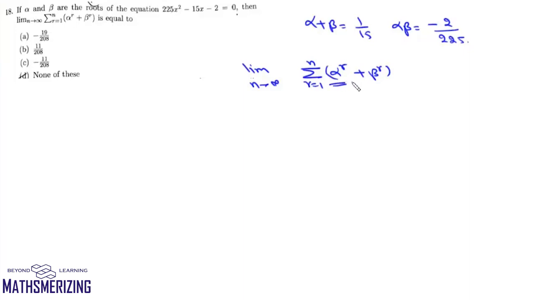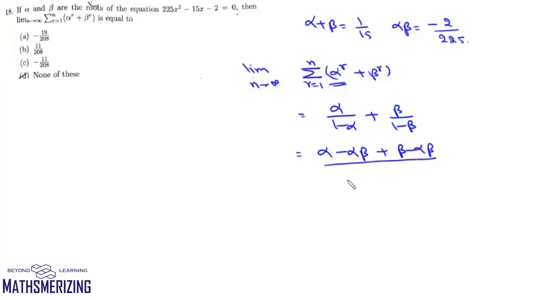Now this summation of alpha to the power r is nothing but an infinite GP. So its sum will be a upon 1 minus r. In the same way, it will be beta upon 1 minus beta. So we can write (alpha minus alpha beta plus beta minus alpha beta) upon (1 minus alpha minus beta plus alpha beta).